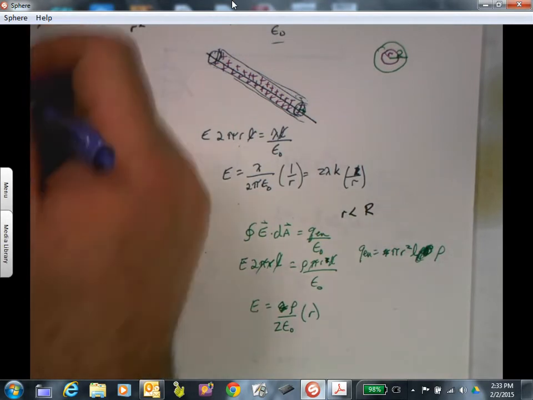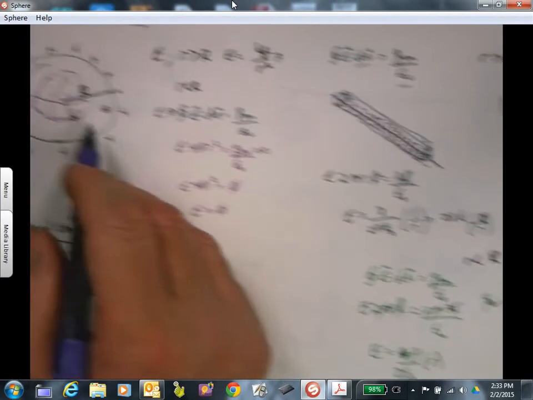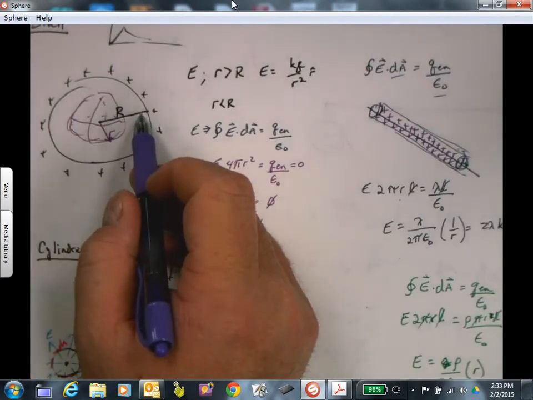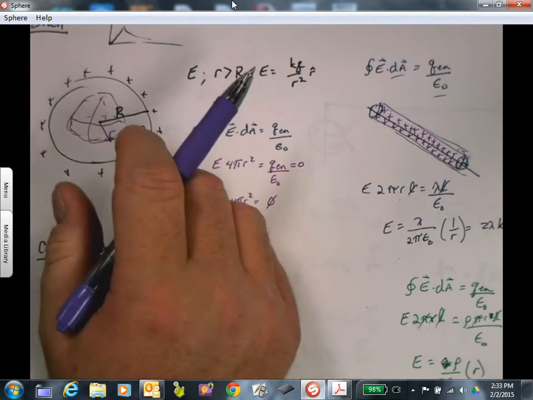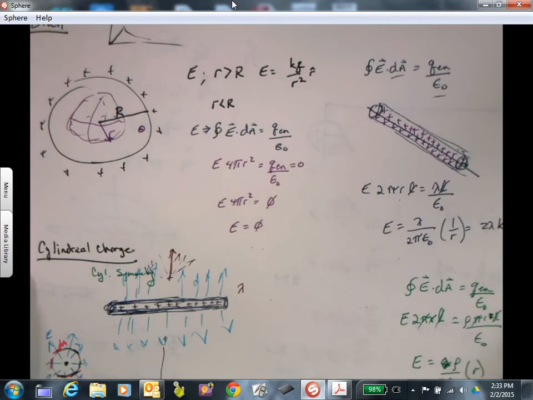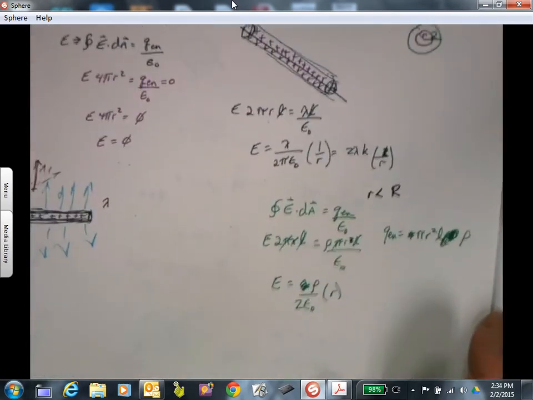What I suggest to you is make your big R the radius of your object, and your little r is your variable, whether you're inside or outside the sphere. The little r is the Gaussian surface we've been using. So this brings us to our last one, which is a charged plane.